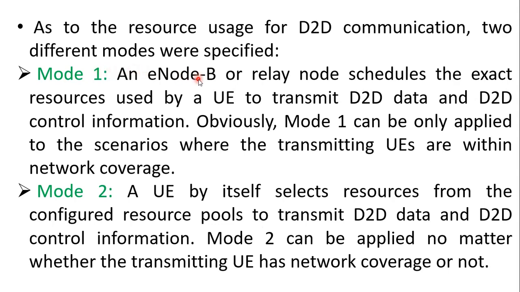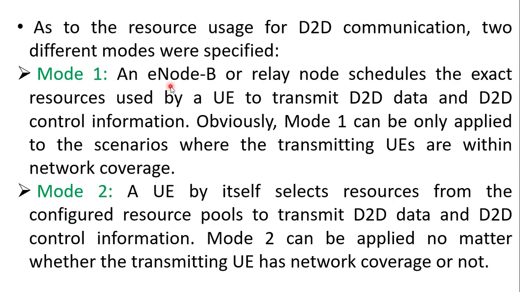In mode 1, an eNodeB or a relay node schedules the exact resources used by a user equipment to transmit D2D data and D2D control information. Obviously, mode 1 can only be applied to scenarios where the transmitting user equipment is within the network coverage.